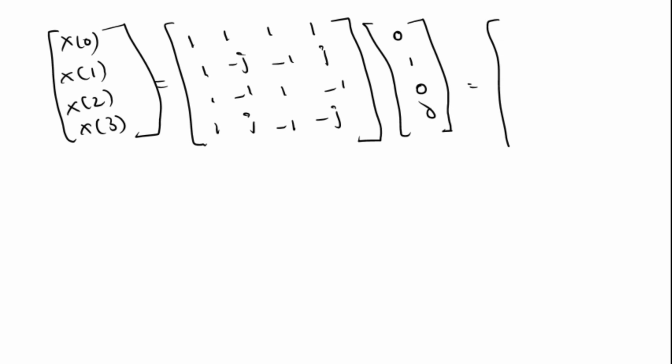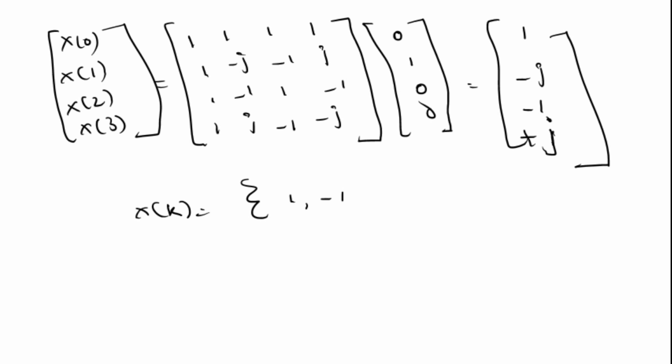The answer will be 1, minus j, minus 1, and plus j. So, taking the conjugate of the second one, we can write x of k is equal to 1, minus j, minus 1, and plus j.